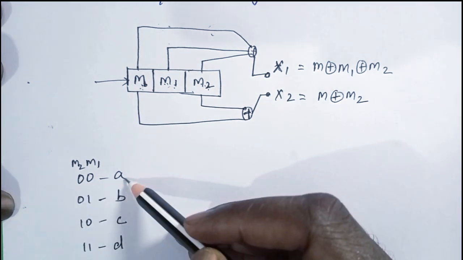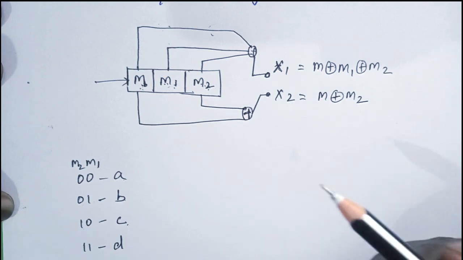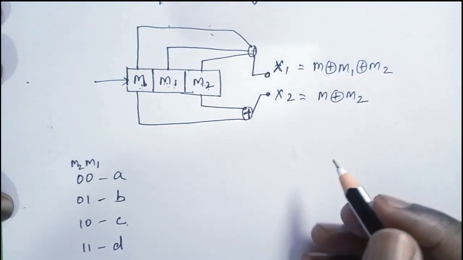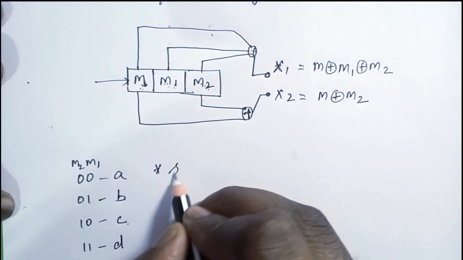Okay, 0 0 is state A, 0 1 is state B, 1 0 is state C, and 1 1 is state D. As I told you, the important thing we are going to find first is the state table.